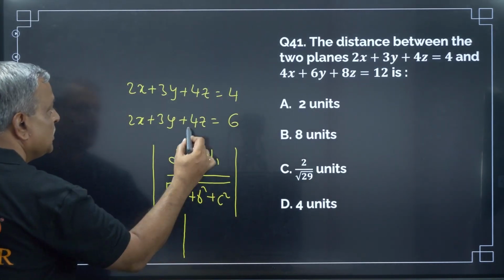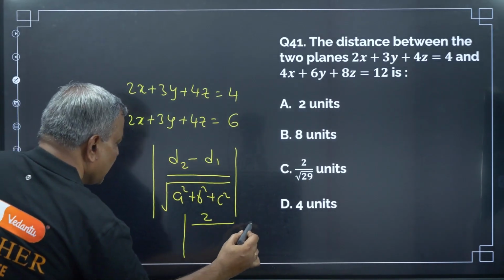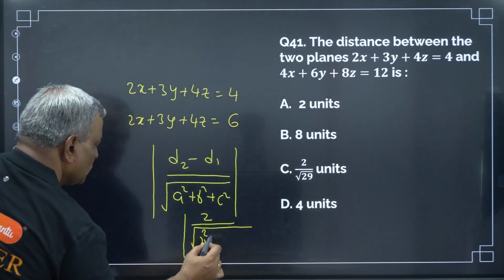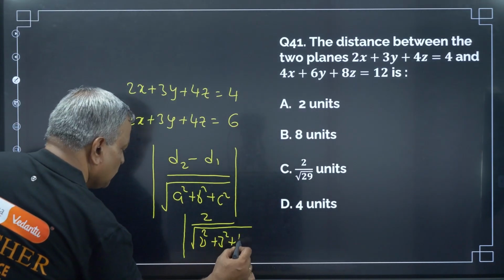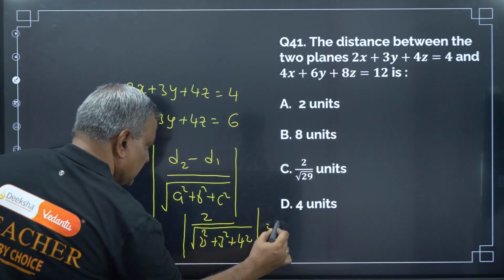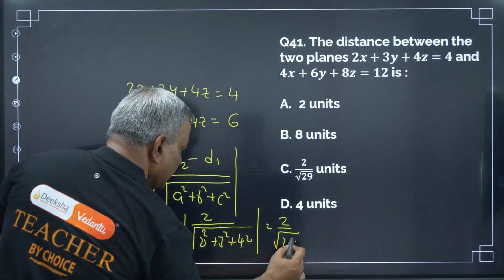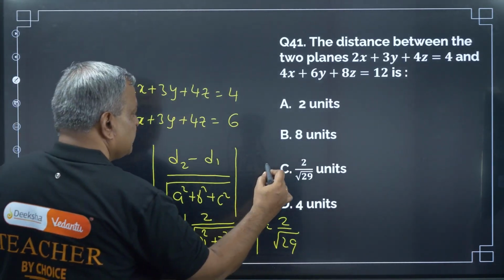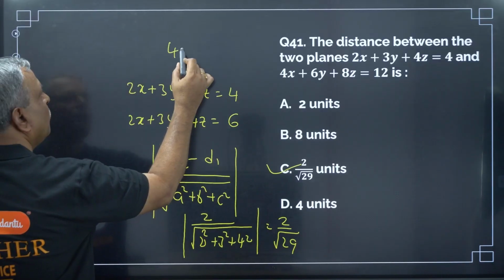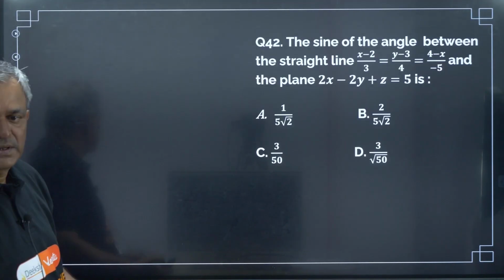So we know d2 minus d1 is 2 by under root of 2 square plus 3 square plus 4 square. This is nothing but 2 by root 29. So option C, max to max 40 seconds.